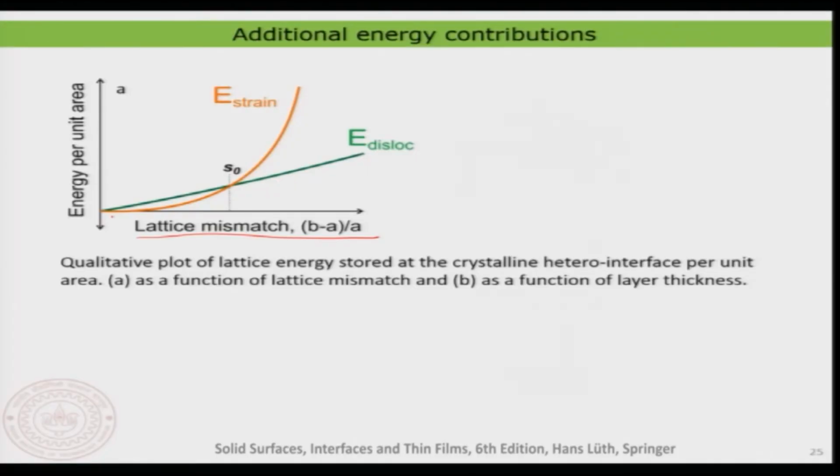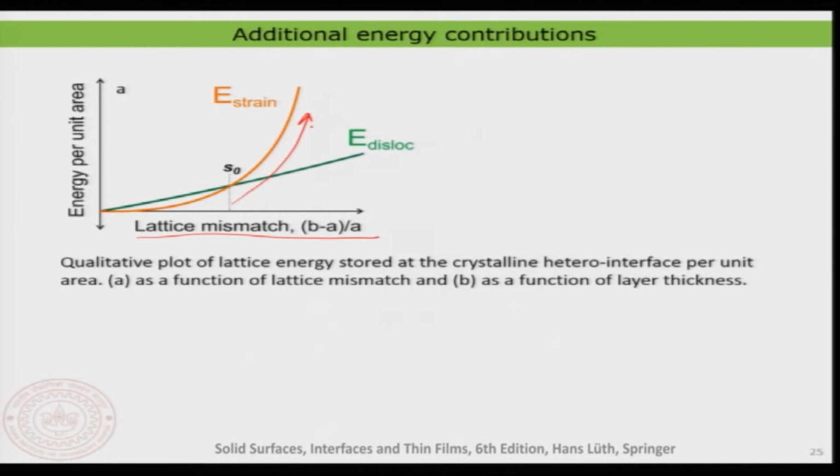Now of course at a very low lattice mismatch, the energy that you deposit at the interface is very low, so you almost don't do anything. But if the misfit increases, then the energy increases exponentially like this.